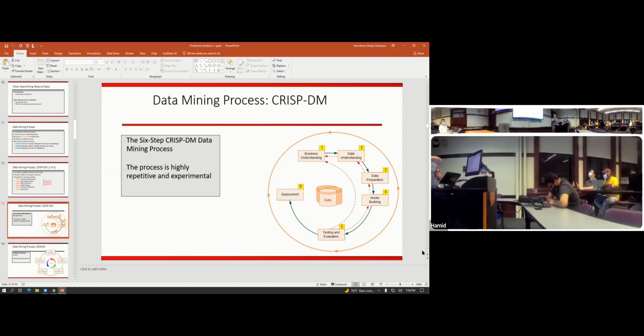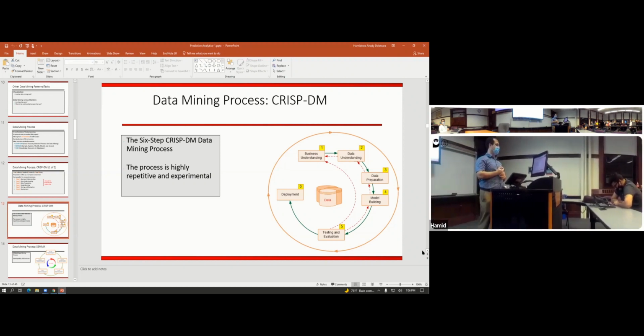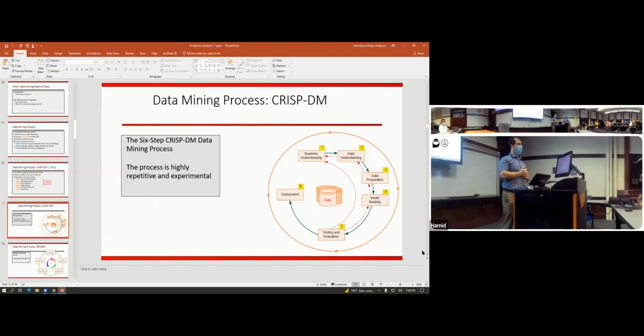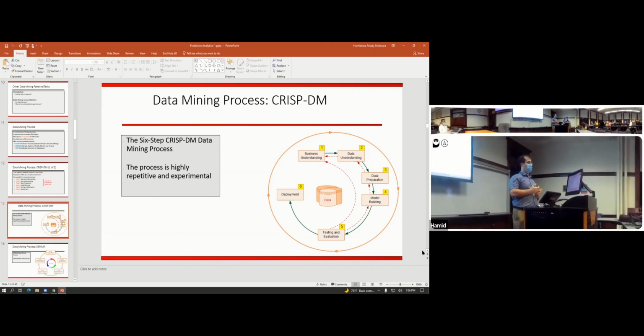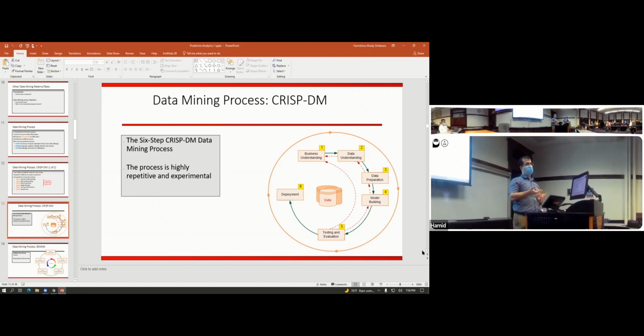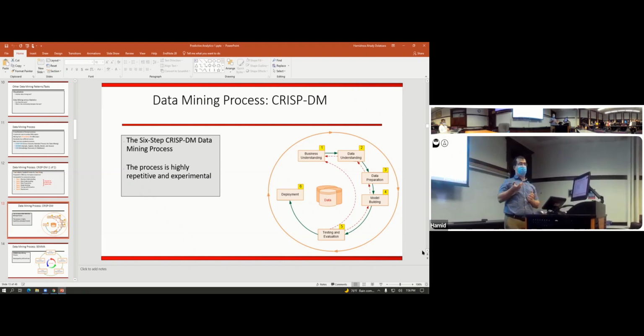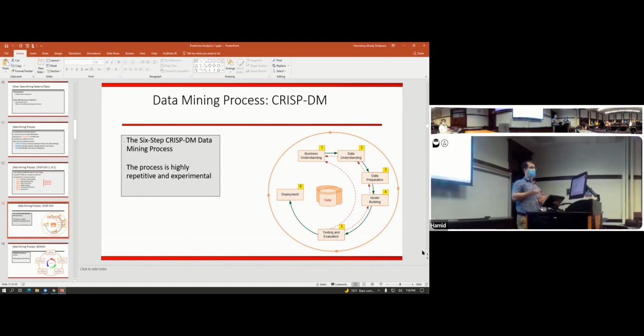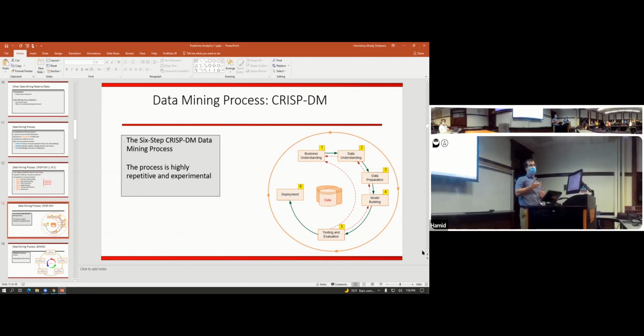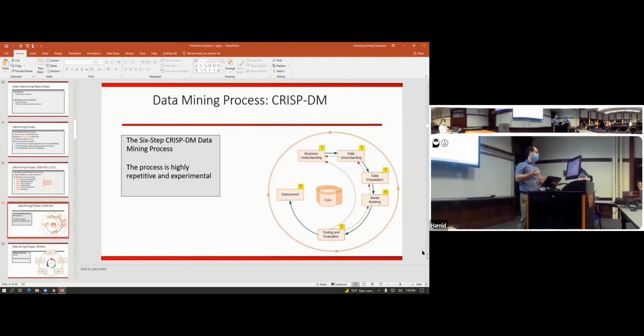So you go back and forth a lot until you reach a certain accuracy that is satisfying. For COVID-19, I looked at some papers, they are near 95% accuracy. If you think your model reached an acceptable level of accuracy, then you can deploy.